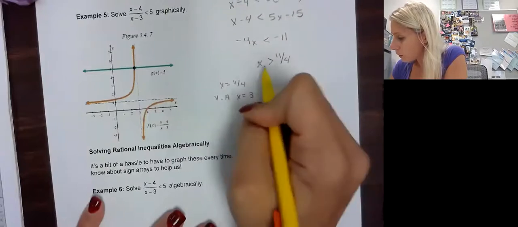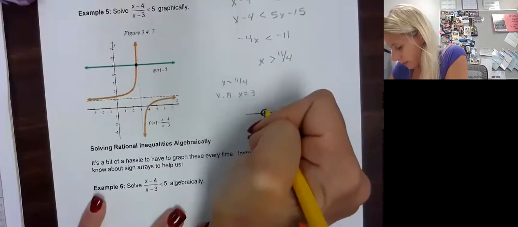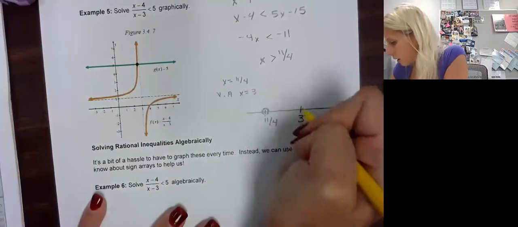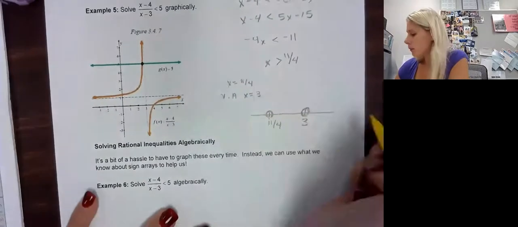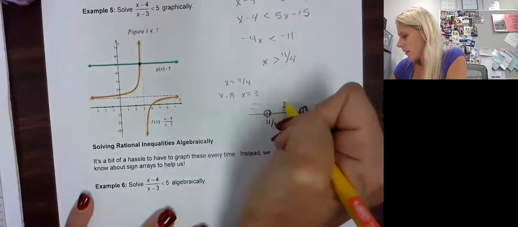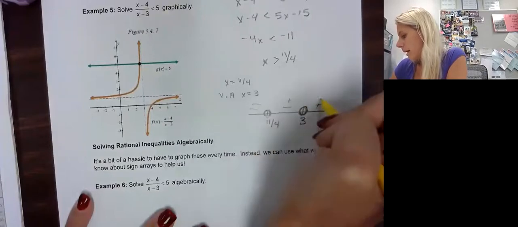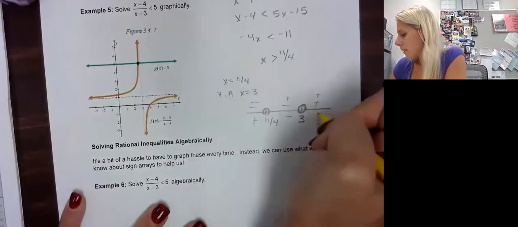Now our solution is not equal to, so that's automatically open. And a vertical asymptote, of course, is open. So now when we do our sign array, we get positive, negative, positive.